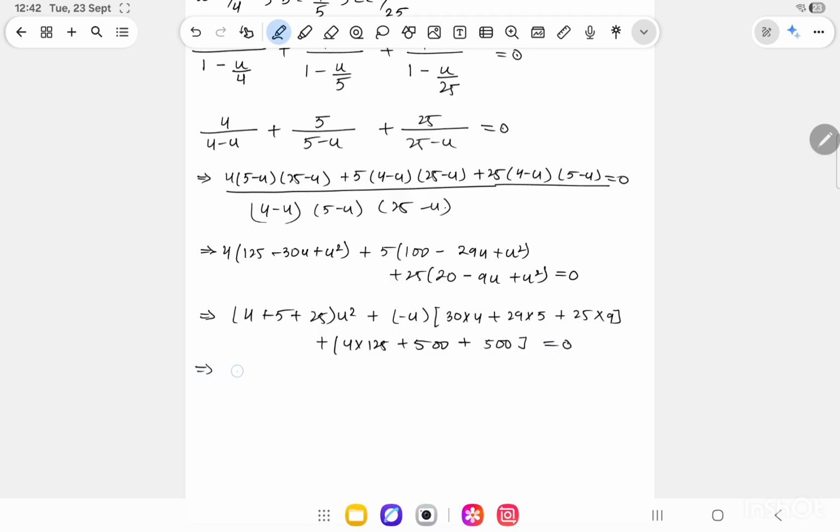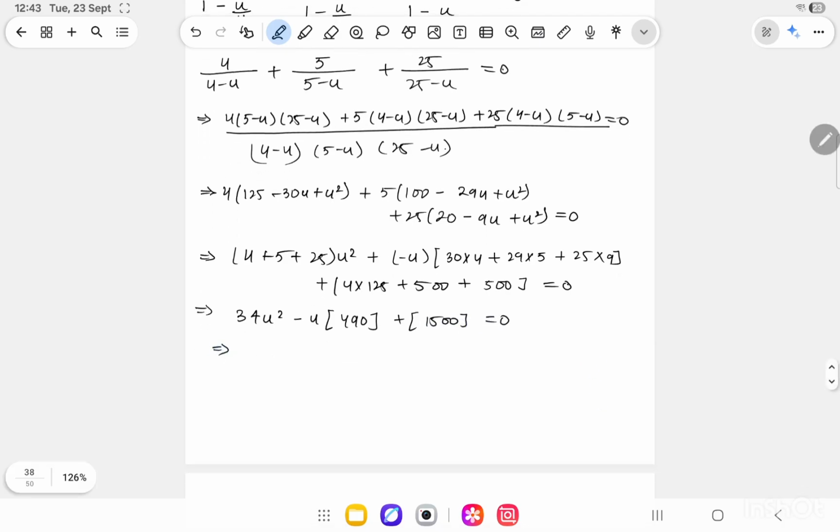That basically gives us 34u square minus u into 120 plus 145 plus 225, that is 490, plus 500 plus 500 plus 500, that is 1500 equals to 0.